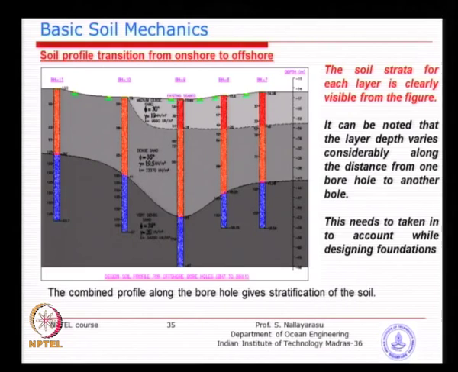It may or may not, you actually can change from here to go like this and come back, but nobody knows, but that is the best possible assumption that we can make. So, the closer the intervals of the borehole, you can get a profile reasonably correct, because we are going to use this information for foundation design.